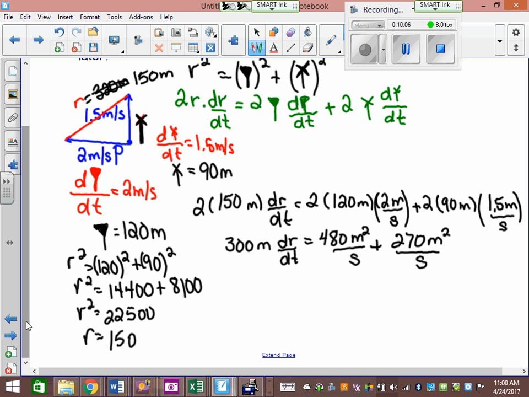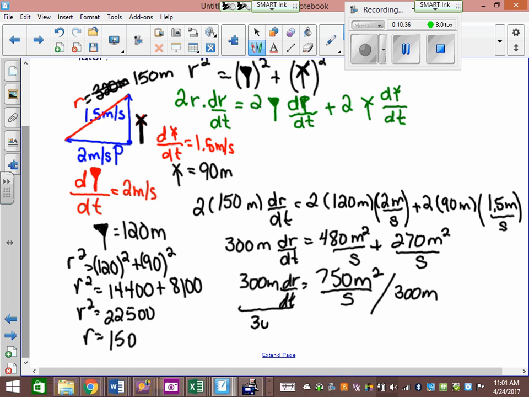So you go 480 plus 270 divided by 300. When you divide it by 300, the meter and the meter squared cancel, which is good because I need meters per second, right?